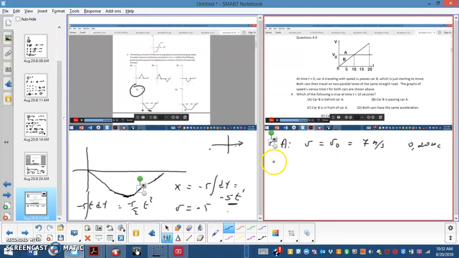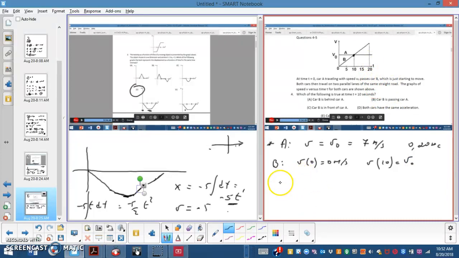Whereas for car B, what can we say? Well, for car B, the velocity initially, at time 0, is equal to 0 meters per second. At time 10, so when t is 10, this is where the V for B is V0, and then it keeps increasing.